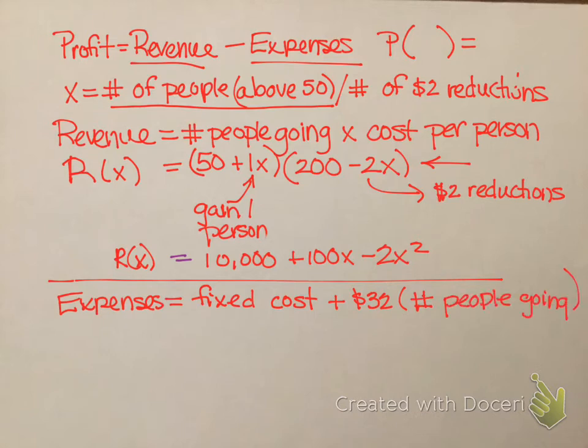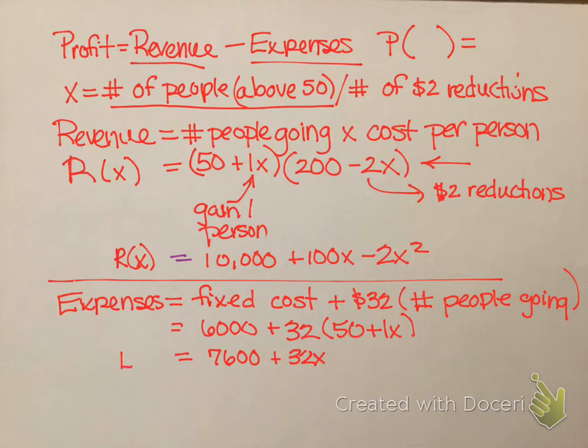Everybody comfortable with that? If you're not, flip back in the video to where you can see the problem again. So my fixed cost is 6,000 plus 32 times the number of people, which is 50 plus 1x. So when I simplify this equation and do all the algebra, I would get 7,600 plus 32x. So this is my expense function.